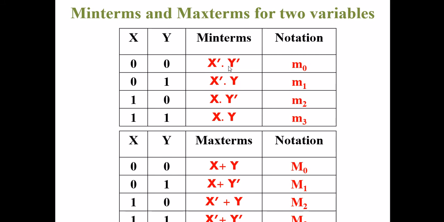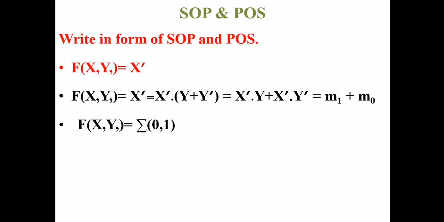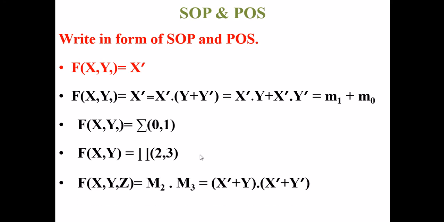So x complement plus y complement must be here. So x complement plus y complement is M3, and for the second term, x complement dot y, you need to find the maxterm x complement plus y. Here you will find x complement plus y is M2. So you will write the maxterms with the product sign and the numbers 2, 3.